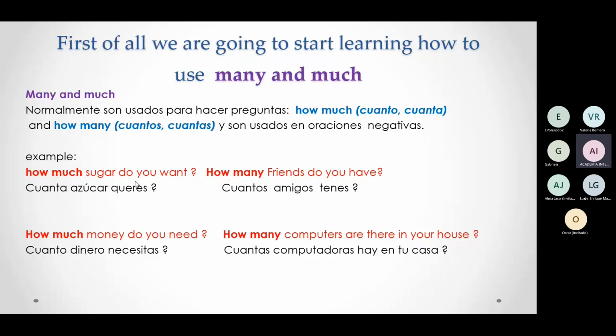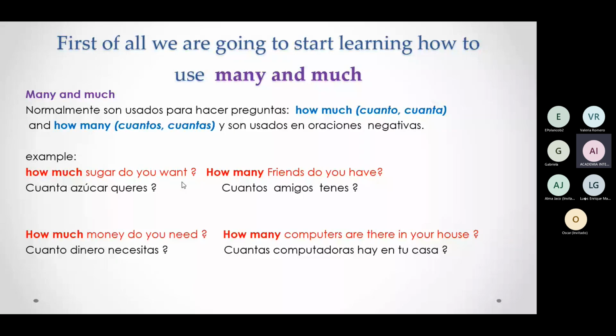Y ahora sí lo vamos a interpretar o a traducir. Supongamos de que how many significa cuántos o cuántas. ¿Creen que se escucha bien decir cuántos o cuántas azúcar tienes? ¿Lo escuchan bien ustedes? ¿Cuántos azúcar tienes?